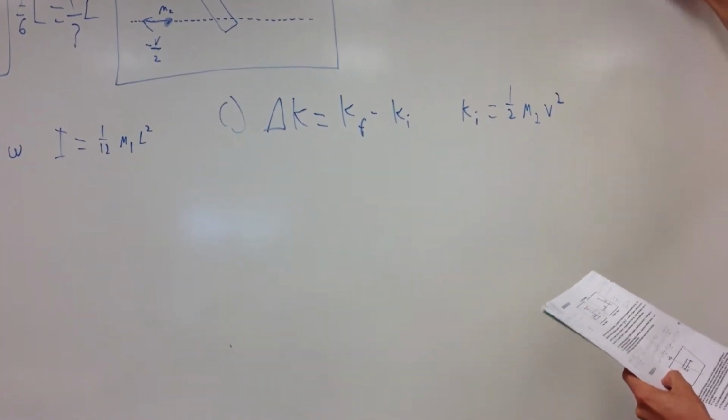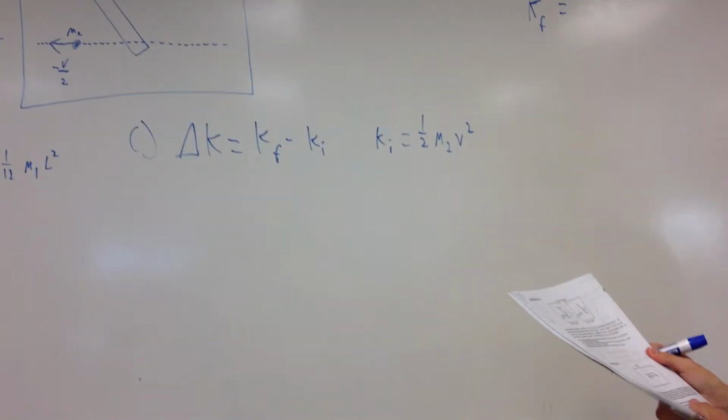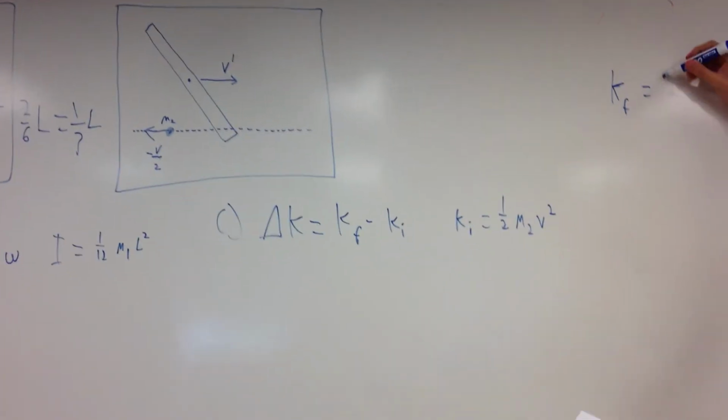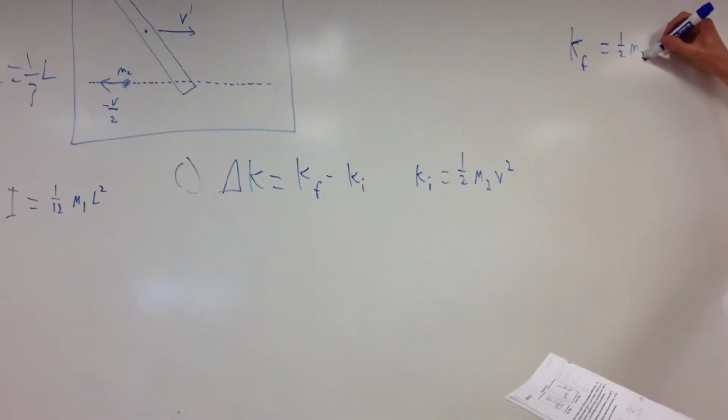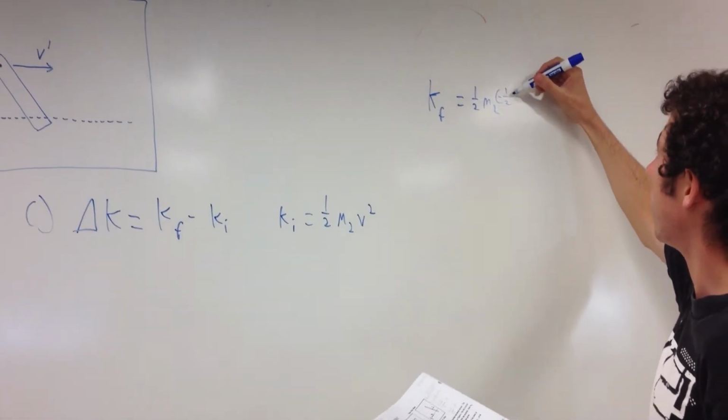K final is going to be a lot more complicated though. First we have the kinetic energy of m2, which is going to be 1/2 m2, and this time it's going to be its new velocity, which is -1/2 v.